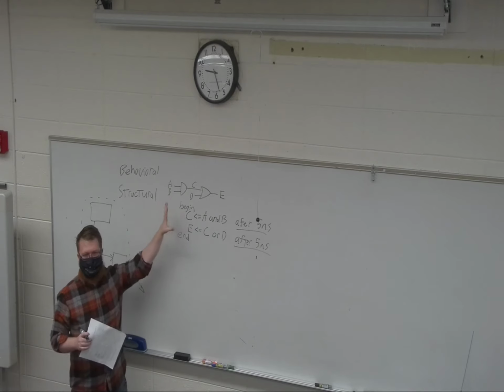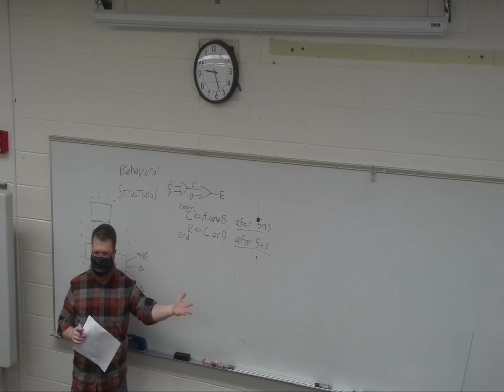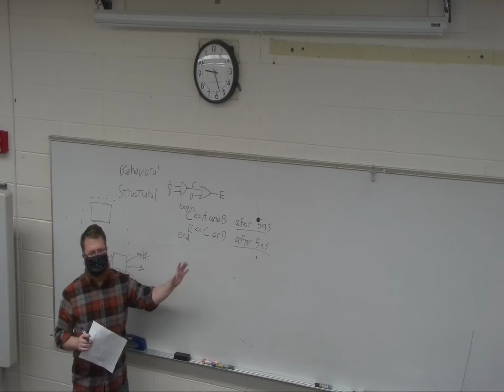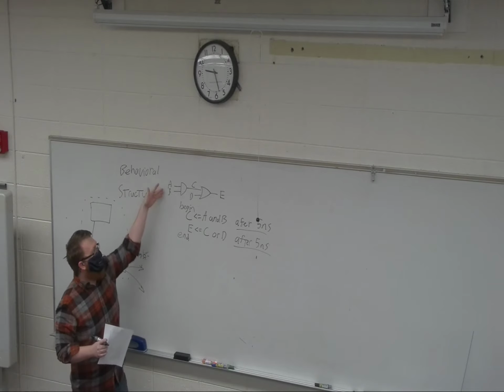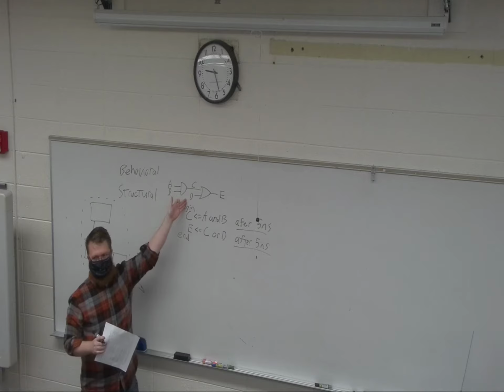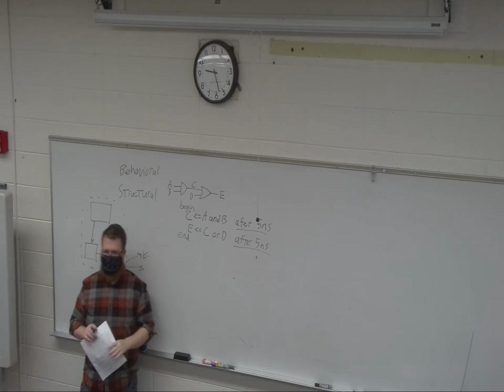This is what we would call an asynchronous design, meaning it's not clocked. It's just going to react to inputs changing. So if A, B, or D changes, it's going to update the output.